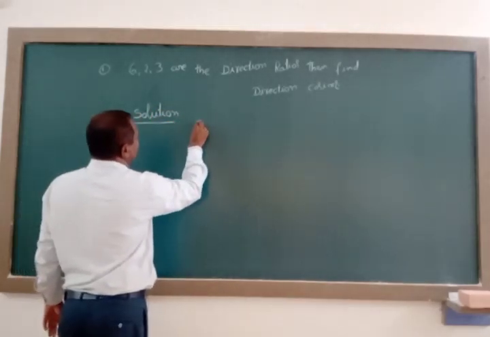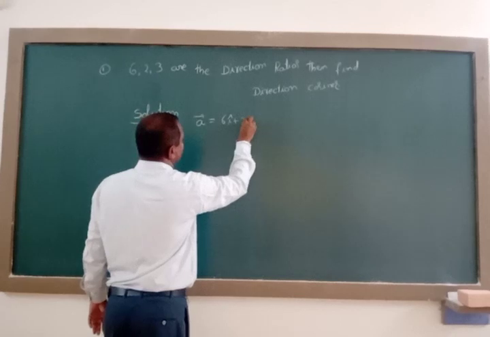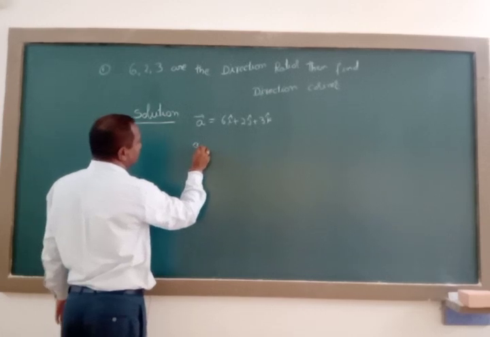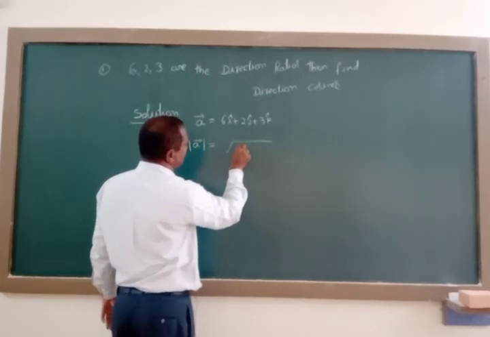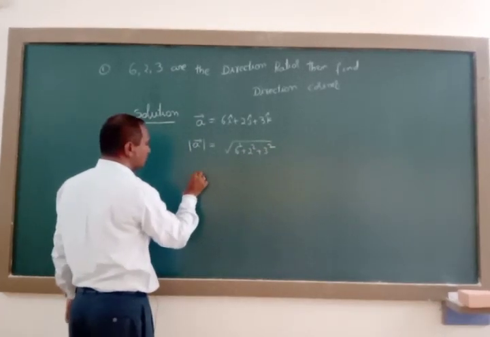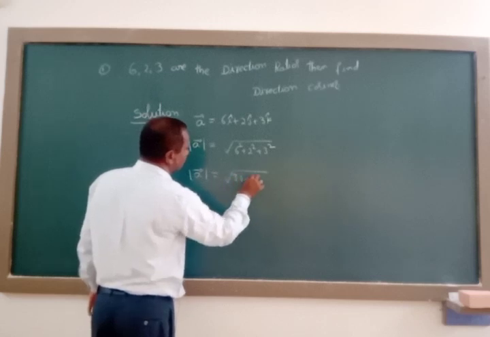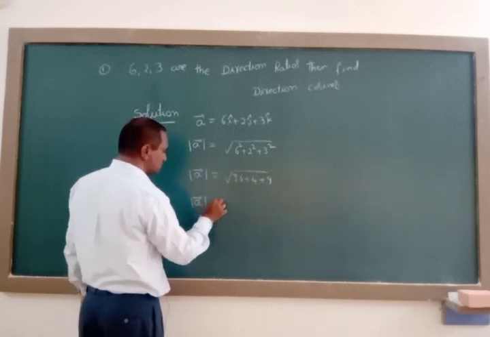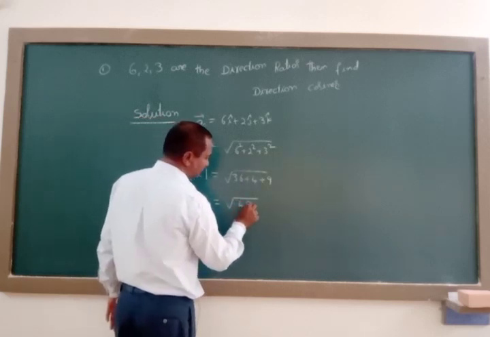Let us start the solution here. Let the given vector a bar be equal to 6 i cap plus 2 j cap plus 3 k cap. At the same time, magnitude of a bar is equal to square root of 6 square plus 2 square plus 3 square, which is square root of 36 plus 4 plus 9. 36 plus 4 is 40 and totally 49 you will get here.